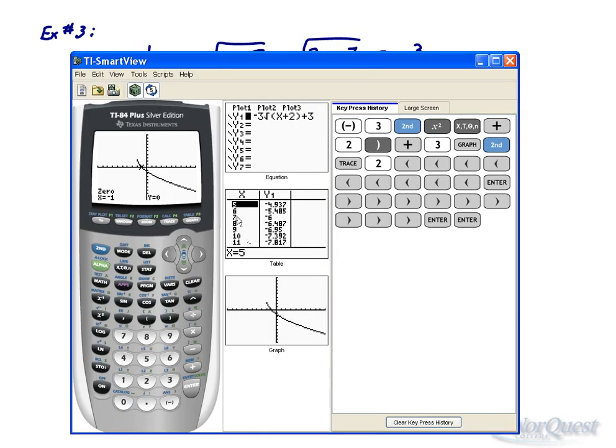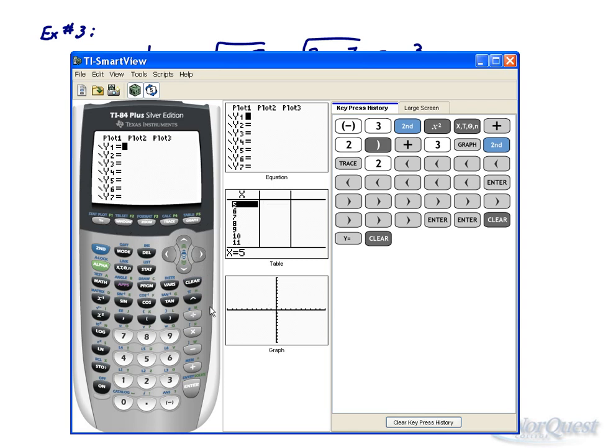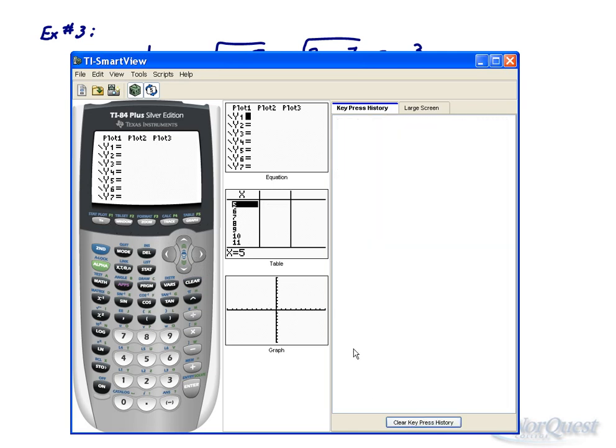Bring the calculator up again. Clear our equation, clear our key history. So what we're going to do in equation 1 is enter second function square root of x minus 5, subtract second function square root of 2x plus 7.